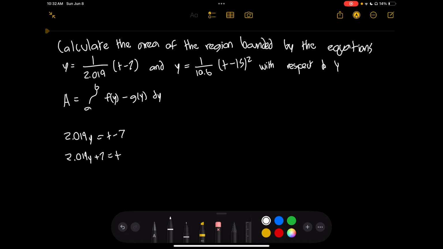For the second equation, we will multiply 10.6 to each side, square root both sides, and then add 15 to both sides.